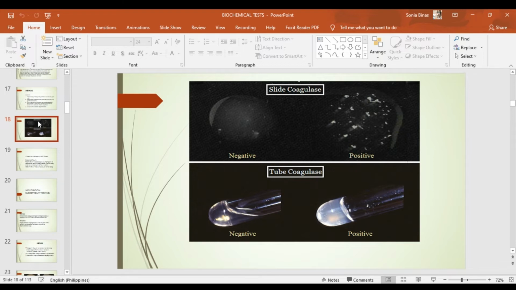Tapos, ang check natin sa ating tube test ay ang ating clot formation. So, dapat, pag positive siya sa tube test, dapat para siyang gelatin na nagka-clot yung ating suspension. So, pag ginalaw natin, dapat hindi siya maghihiwa-hiwalay.